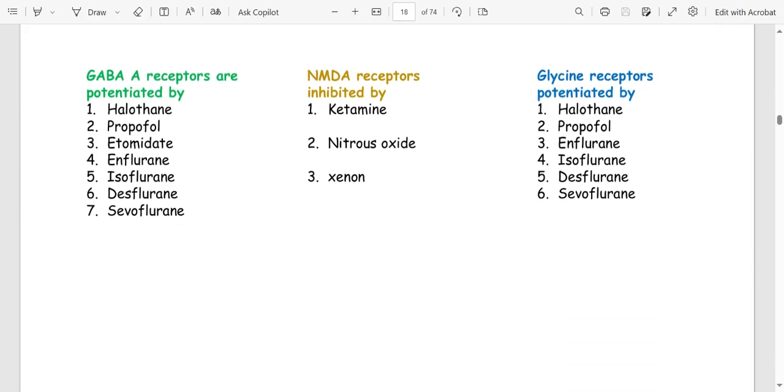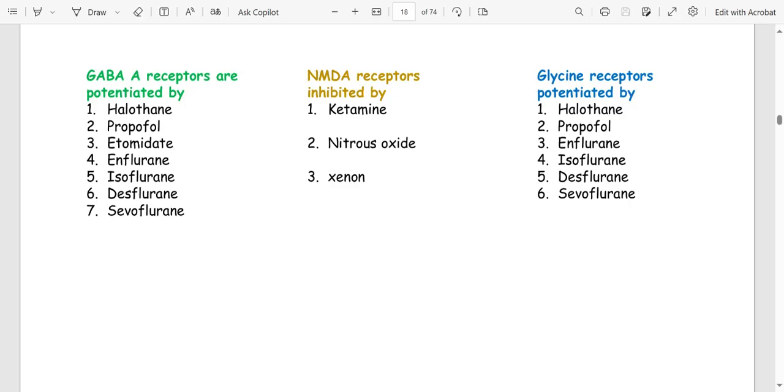Now, you have these different drugs and the receptors where they work. So you have GABA A receptors. The GABA A receptor is going to be potentiated, or there are some drugs that will strengthen the binding of GABA to the receptor.